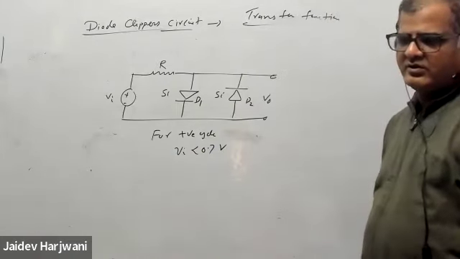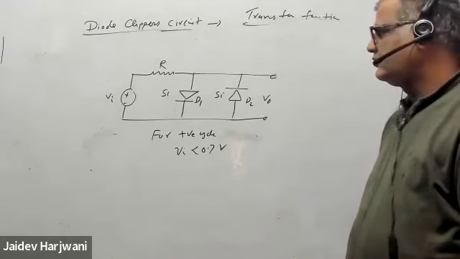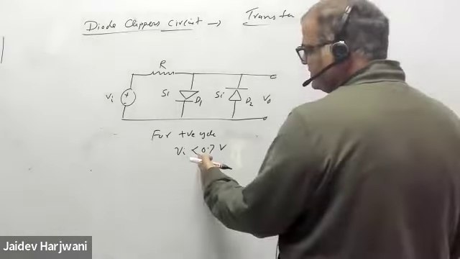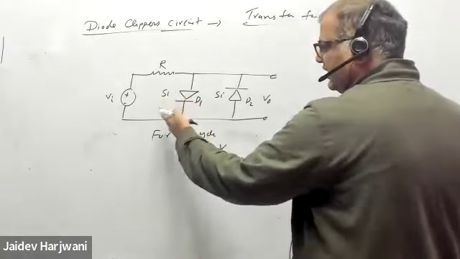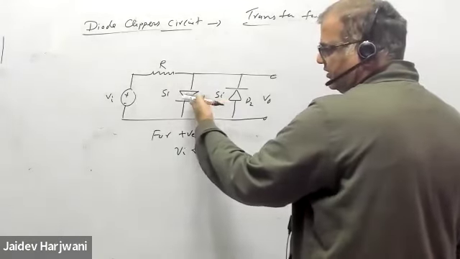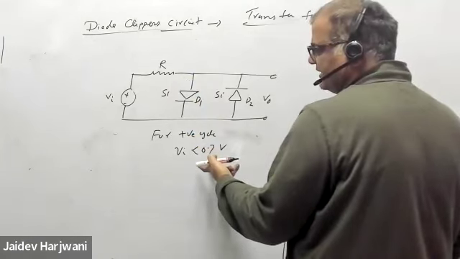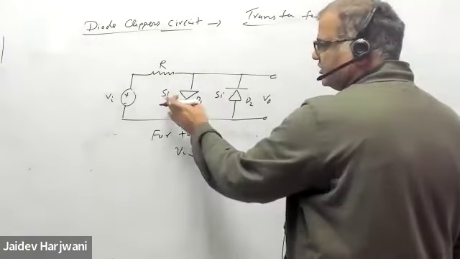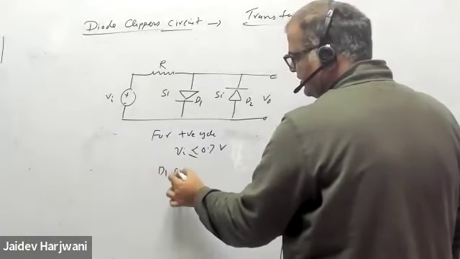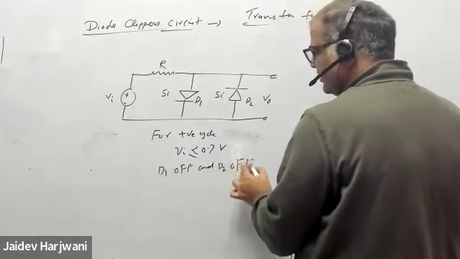Which diode is on? Both are off. Very good. If Vi is less than 0.7, this is already off. And if Vi is positive, this is always off. This can be on only when Vi is greater than 0.7, but if it is less or equal, this is off. And this is reverse biased, this is already off. So D1 is off and D2 is off.